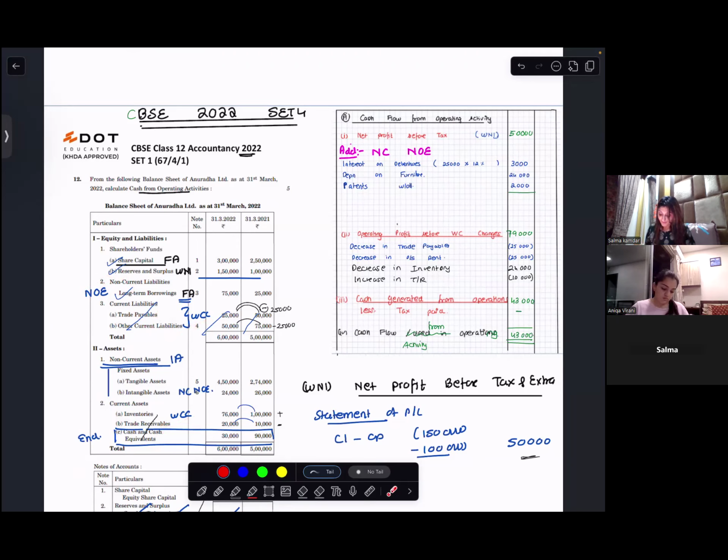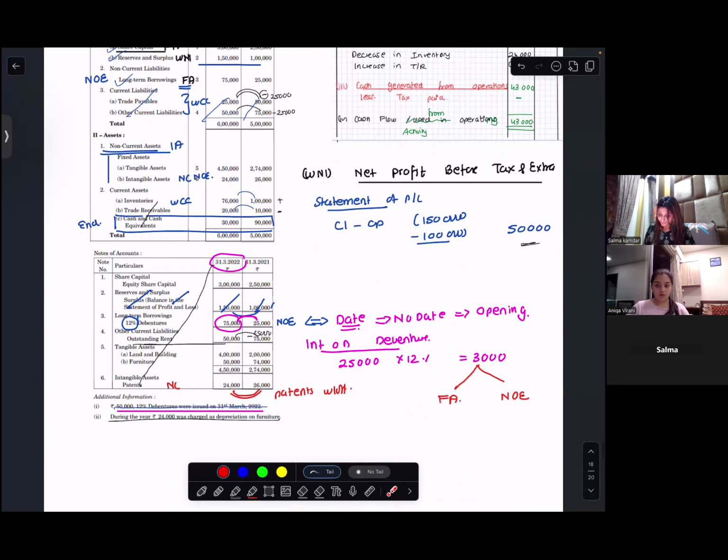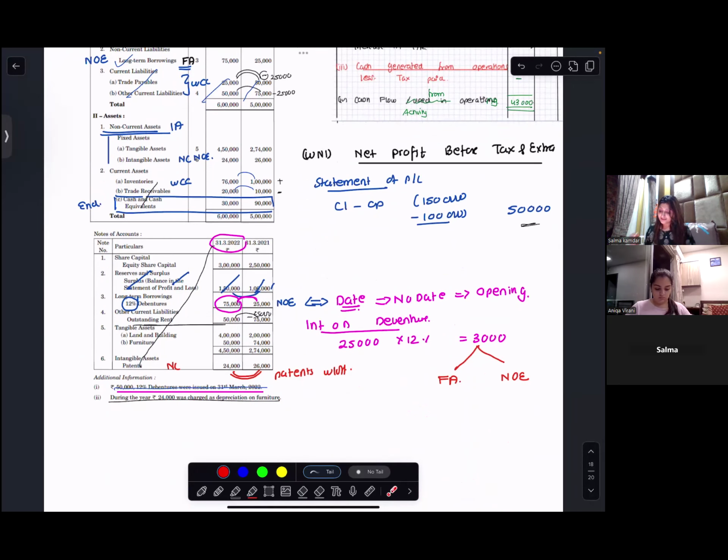For non-current assets, it is always investing activity. And intangible one is NCNOE. It will always be goodwill written off and patent written off. And for things related to assets: assets purchased or sold, depreciation and profit or loss.